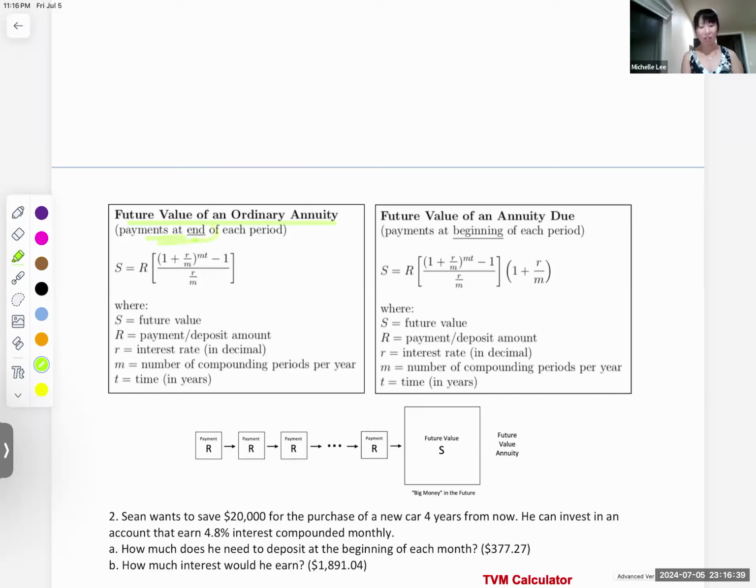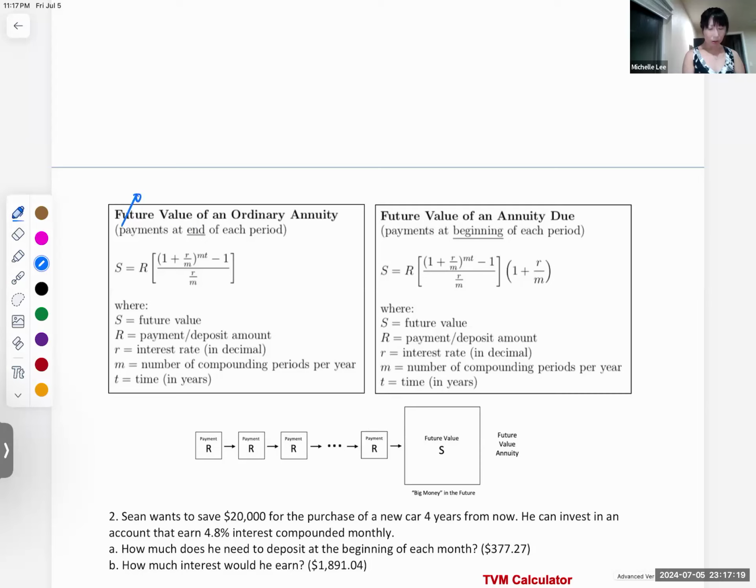So the payment is at the end of each period, right? So we say that if the monthly ordinary annuity is making payment at the end of each period, right?